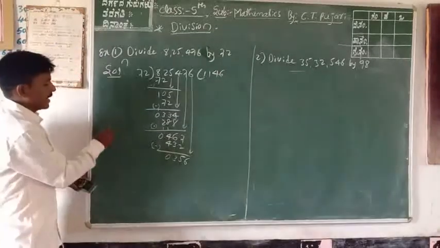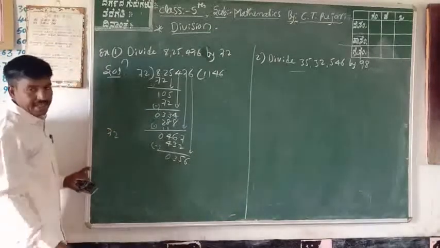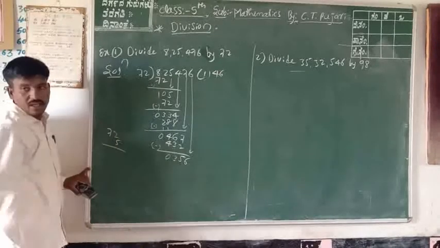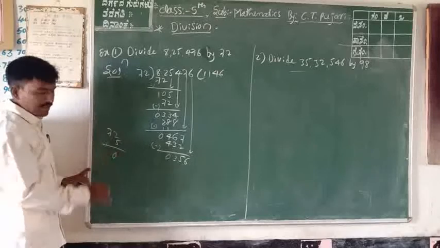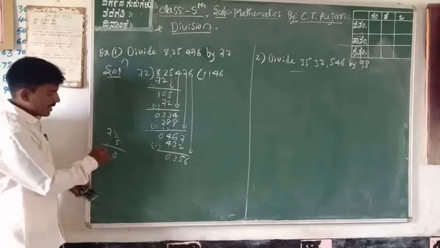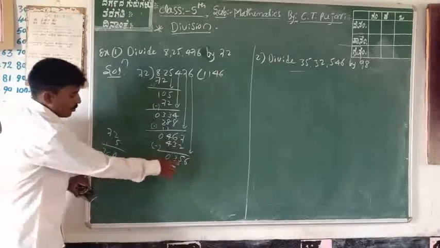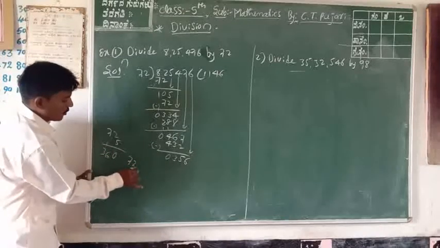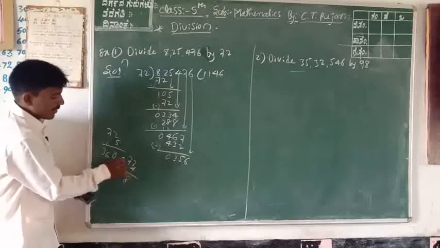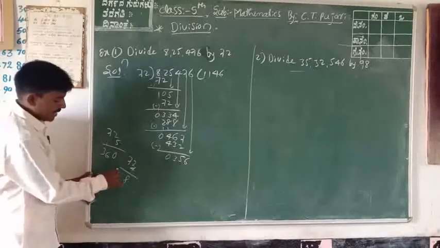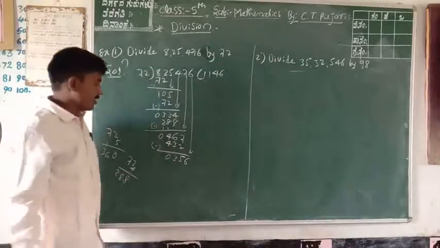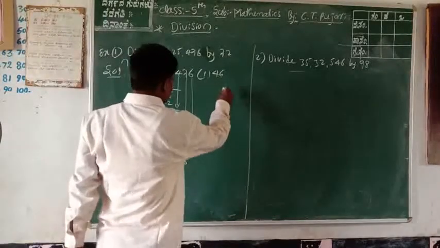Again you can take 72: 5 twos are 10, 5 sevens are 35, 36 is there. This is more. Again you can take 72 into 4: 4 twos are 8, 4 sevens are 28. Therefore you can take 4.